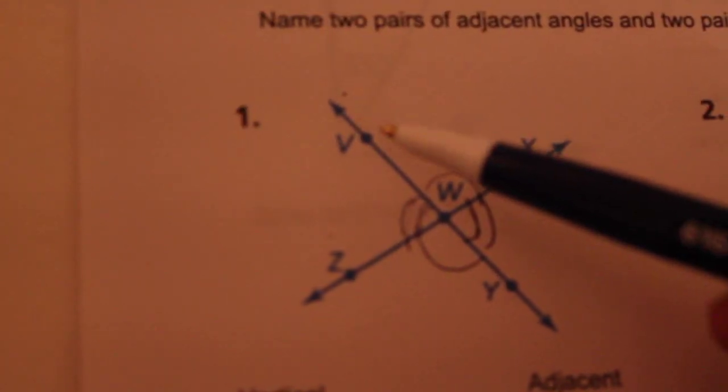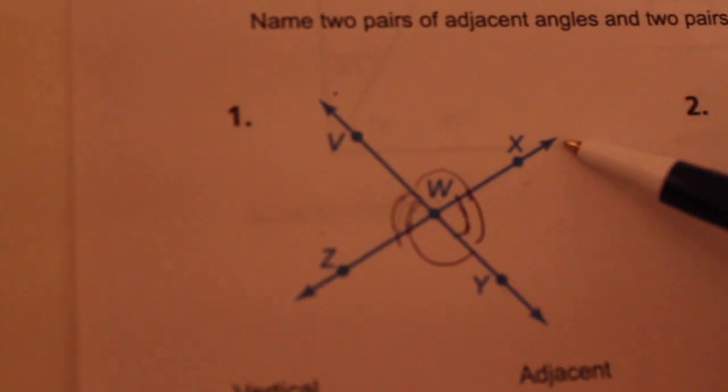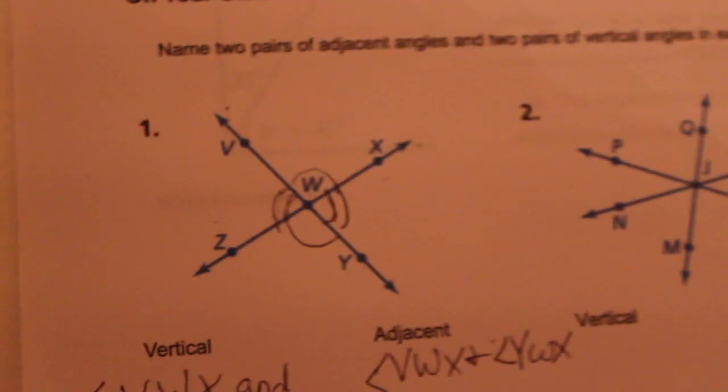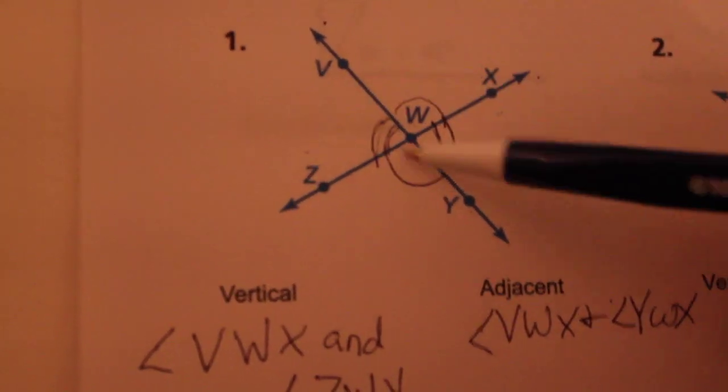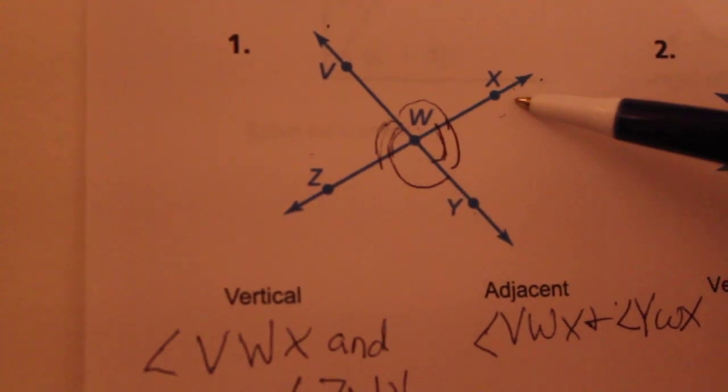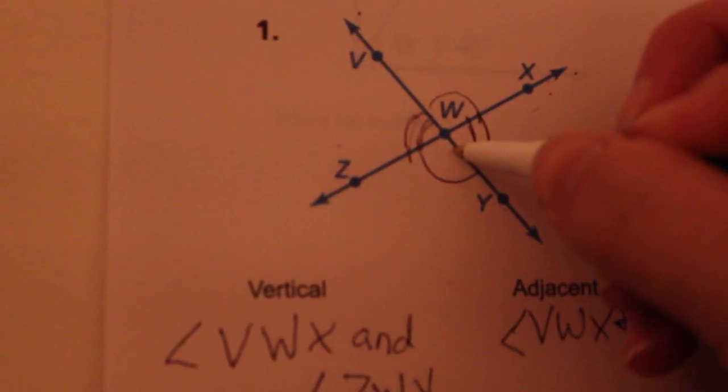So adjacent angles include angle VWX and angle YWX. So we see that VWX and YWX share this vertex W that's in the middle.